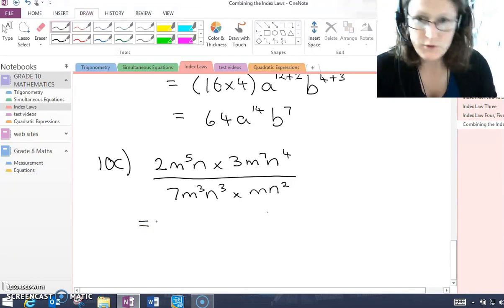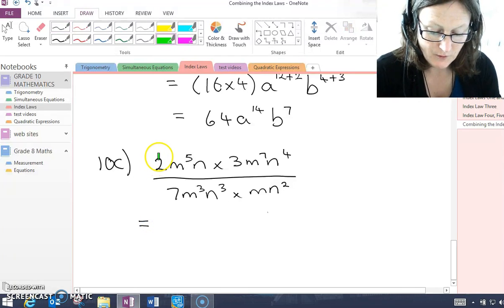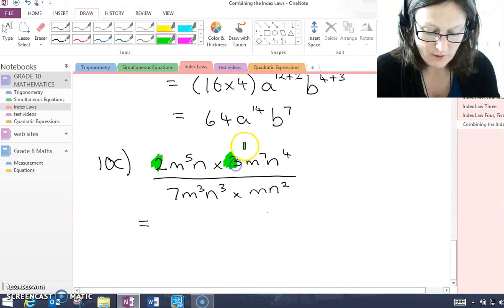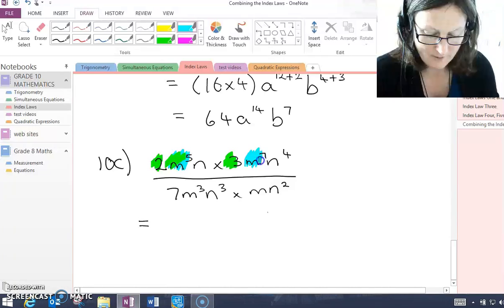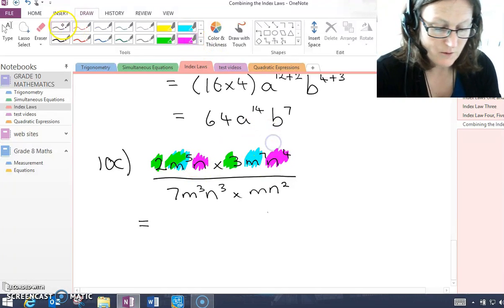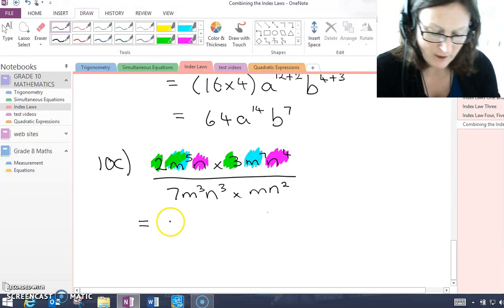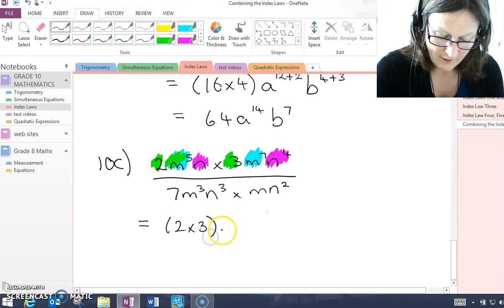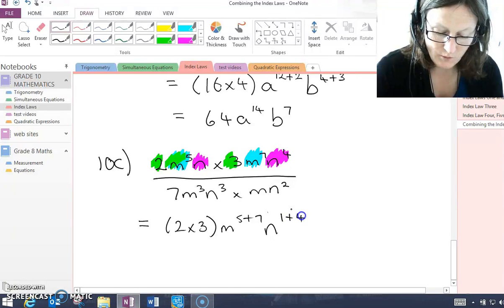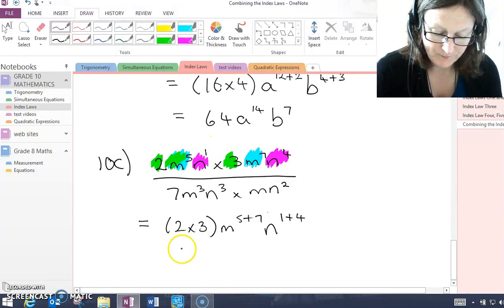I'm just going to look at what's on the top. So on the top, I've got 2 times 3. My m's and my n's. So just ignoring the bottom at the moment, and with the top, it's 2 times 3, m to the 5 plus 7, n to the 1 plus 4, remembering there's a 1 there.